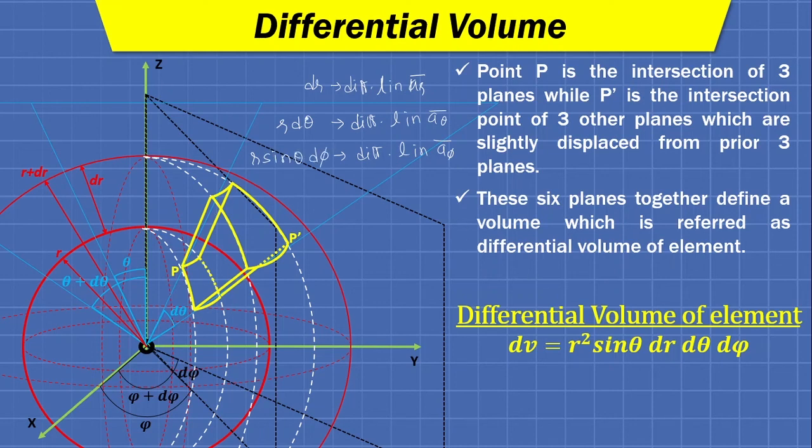So differential volume is nothing but the multiplication of three differential lengths in the direction of the base vectors. So r into r sine theta will give us r squared sine theta, then dr d theta d phi.